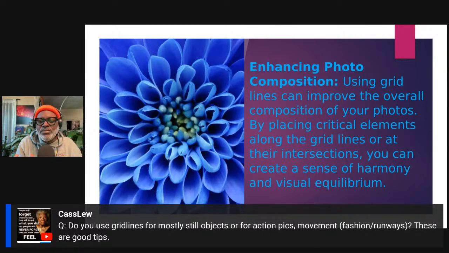However, in fashion photography, or if I'm doing fashion work, a lot of times if it's for the person that is the actual designer and I'm photographing for them, then I want them in the center because I want to tell the story of the outfit, the clothing they're wearing.